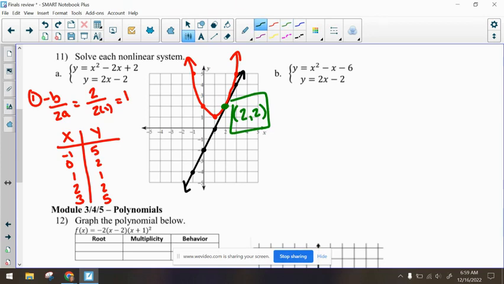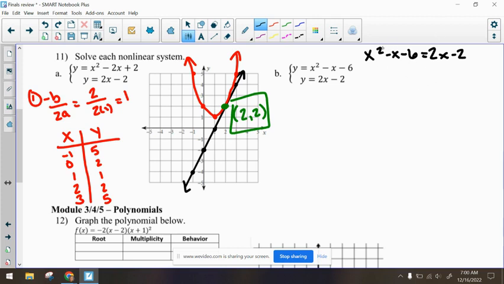Moving on to question B, this one is solving this nonlinear system algebraically. We can see that both of our equations are set equal to y, so we're going to set them equal to each other. So we're going to have x squared minus x minus 6 equal to 2x minus 2. Before we can do anything, we have to get all of this stuff over to the other side because we want this equal to 0.